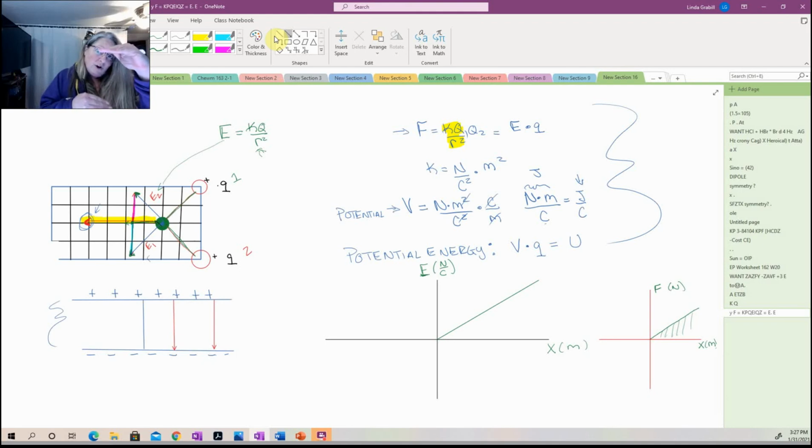Because charges will equally distribute themselves so as to minimize repulsion, I'm going to have this kind of straight line action from one to the other as far as my field lines go, coming straight out of a positive right into a negative. And that's going to go all the way down. So I'm going to have this whole collection of field lines going on here.